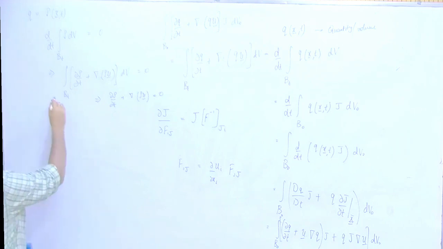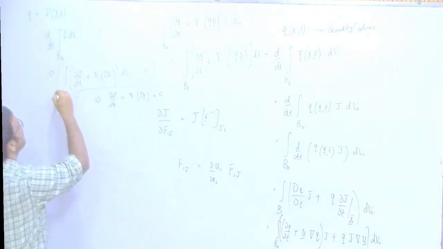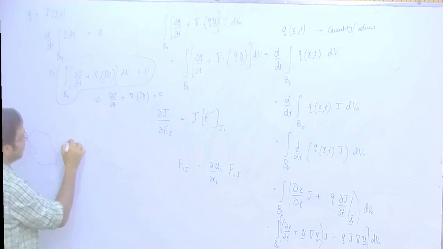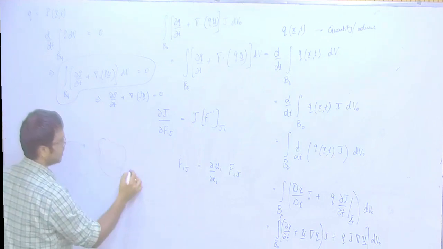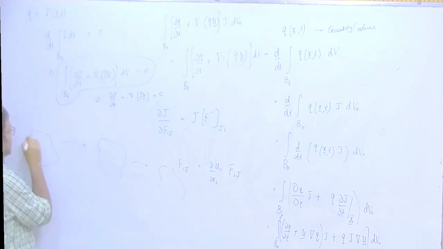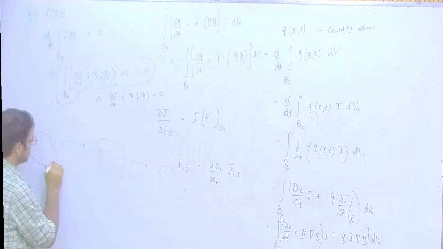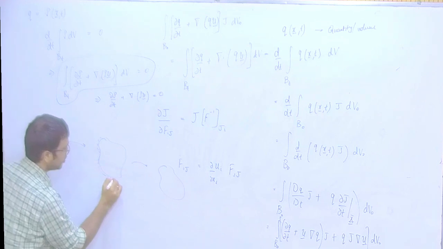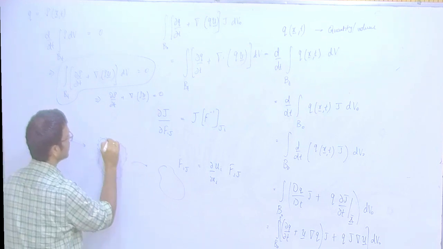So this integral form of the equation applies to the blob. Basically what it means is, let us say you imagine a fluid blob as it is deforming, moving through space. There is a control volume which is deforming with the blob. I am going to make the control volume's boundaries with a dashed line.